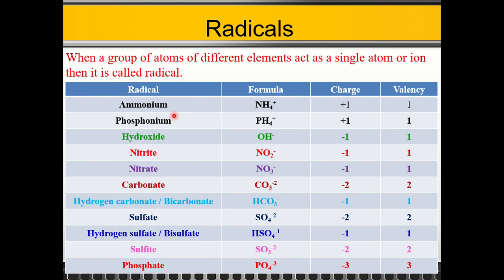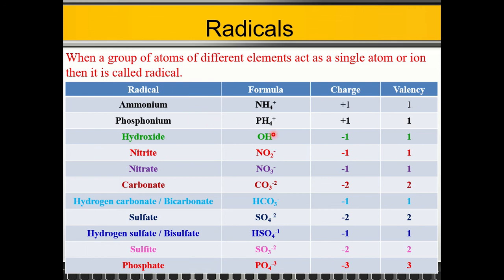Look, this is ammonium, a group of atoms, one nitrogen atom and four hydrogen atoms, and it acts as a single atom in a compound. Its charge is plus, that means +1, and its valency is 1.